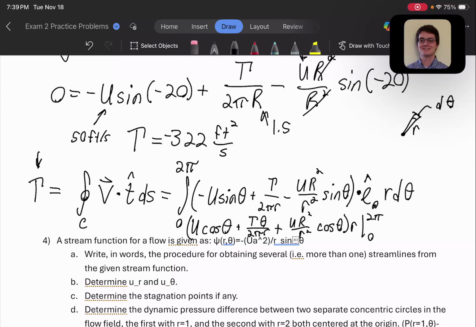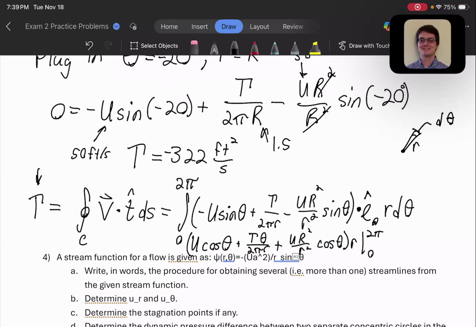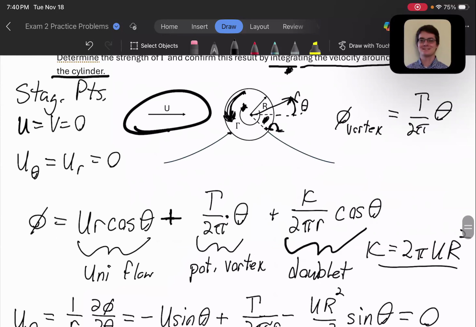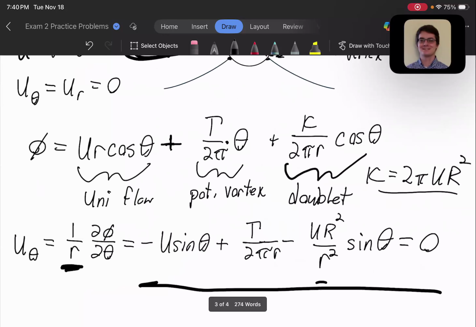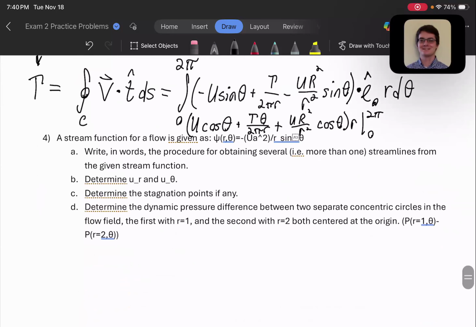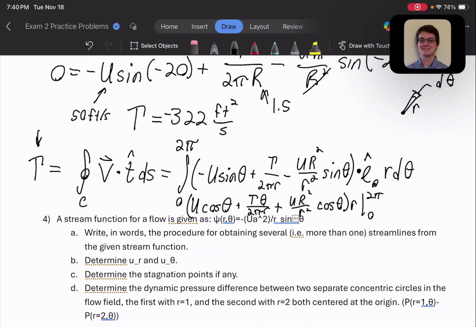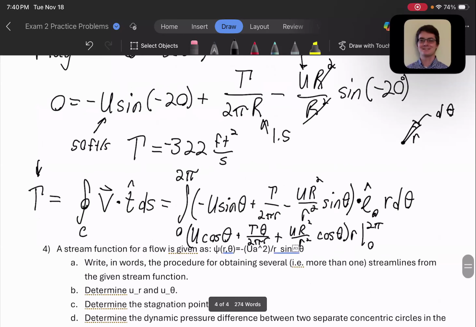Let's see. This is going to give us the circulation. Let me think through this for a second. How do we apply that we need it at the stagnation points, here and here, which is 20 degrees below the horizontal? Here we evaluate that.